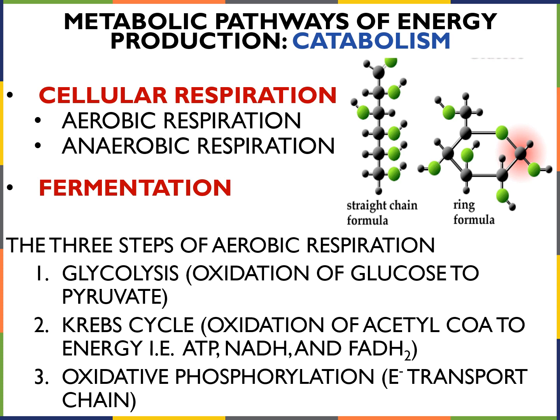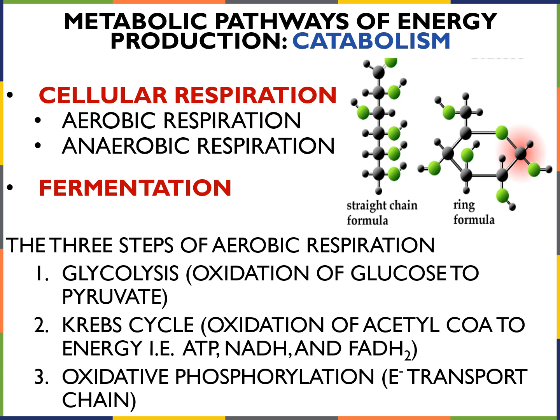But the Krebs cycle also makes NADH and FADH2. This is what I consider to be intermediate energy. In the electron transport chain, it will be converted to ATP, but right now it stays in the form of NADH and FADH2. That's why I call it intermediate energy.